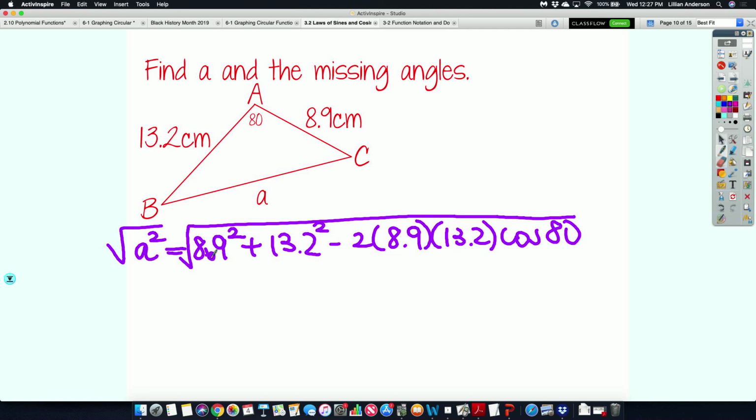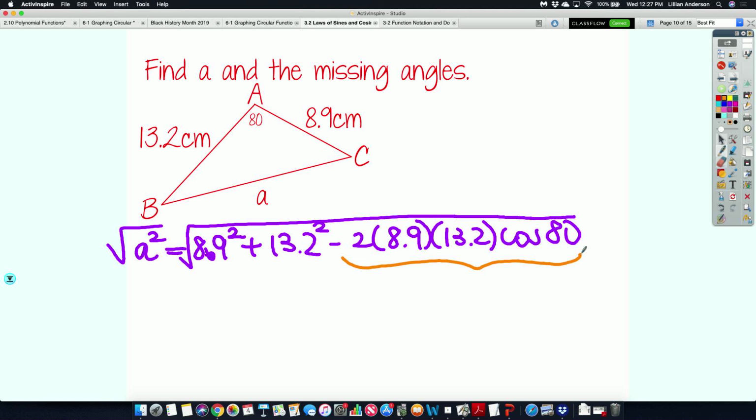This part right here is all connected, which means that you cannot subtract whatever the number is before the cosine of 80 from whatever the sum of those other two numbers are. You do not get the same answer. That's why I just said just type the whole thing in all in. Then take the square root.